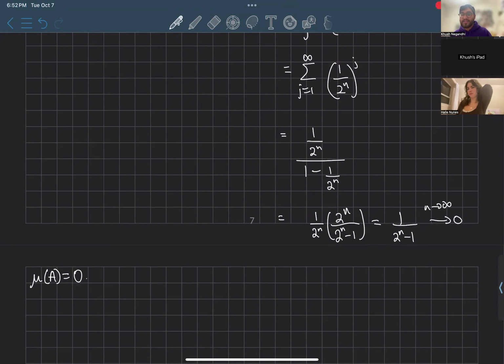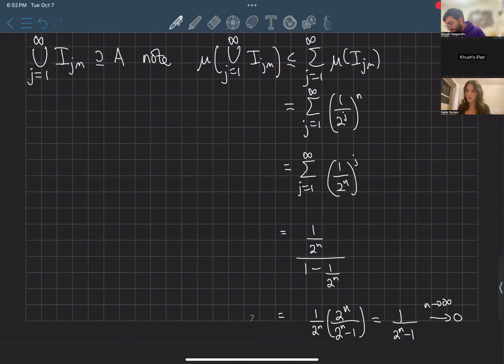The reason is that intervals have non-zero measure. So if an interval contains more than one point, it must have non-zero measure. That means it's uncountable, and so a set whose subset is uncountable must itself be uncountable.